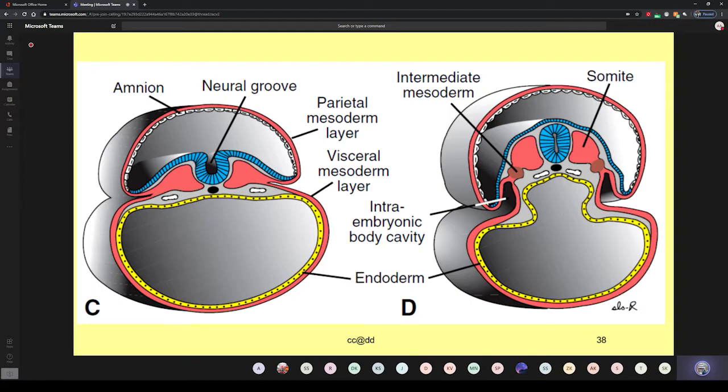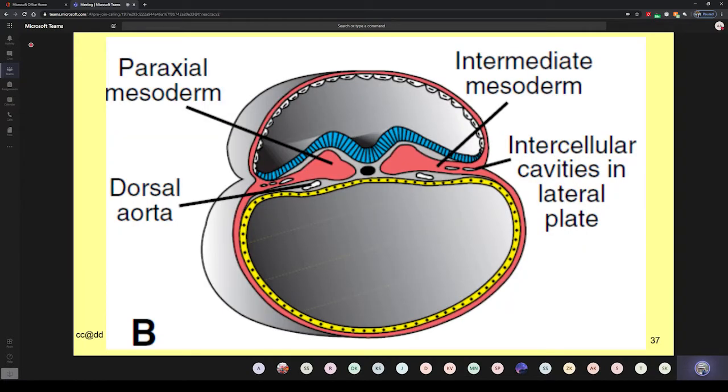And you are getting some cavities inside, what is now known as the intraembryonic cavity. So what you are able to see here, in the lateral plate mesoderm, is because of the folding, plus in the previous picture you saw some cavities occurring here in the lateral plate mesoderm. Let the picture come back again.